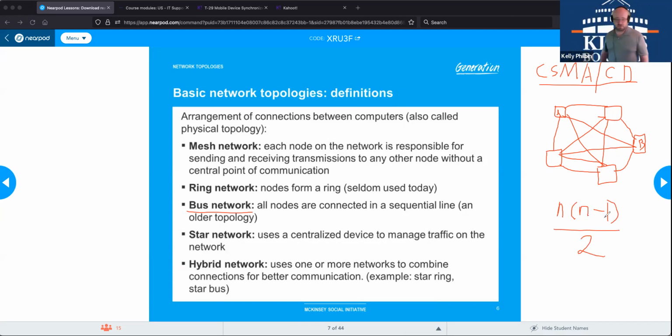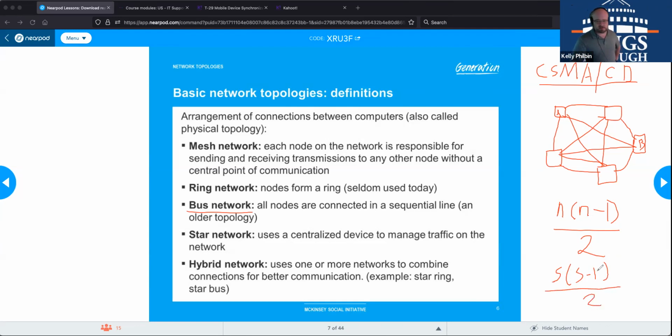You're asking yourself, do I need to know this formula? The answer is yes. So here we have 5 computers, right? So we can plug that in. 5 times 5 minus 1, divided by 2.